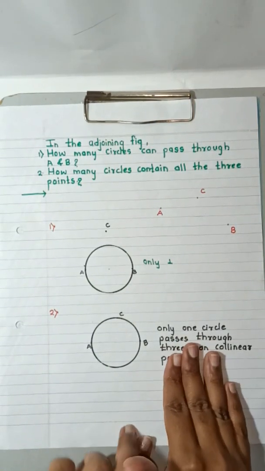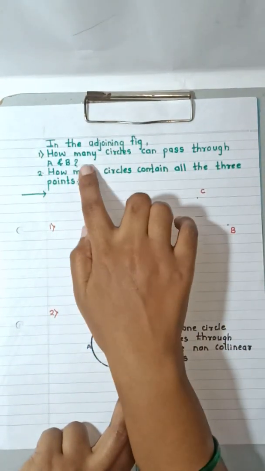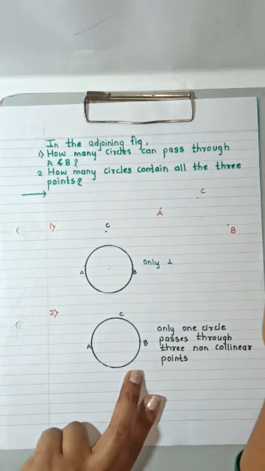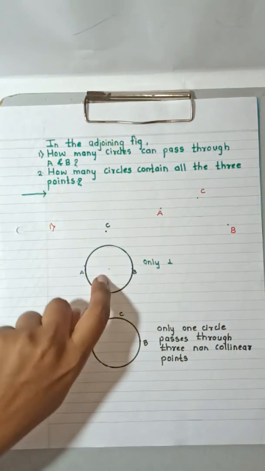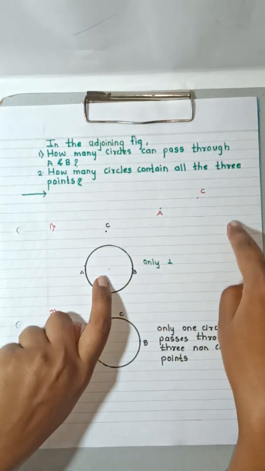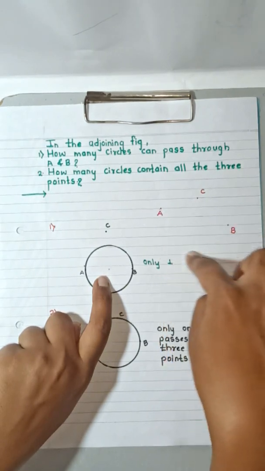You have understood here. But once again we'll move on towards question number 1 in this activity, that how many circles can pass through A and B. Okay children, now this question number 1, what they have asked, only through these 2 points, so only one circle we can draw from here.